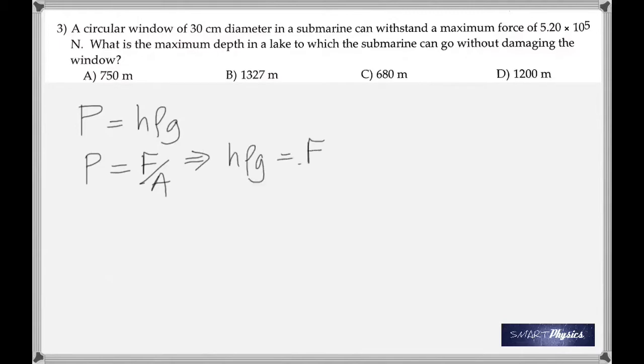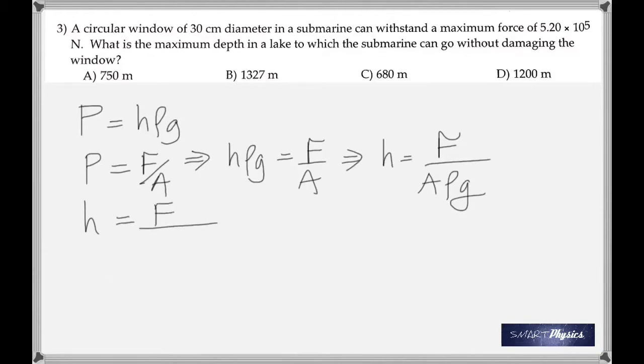H rho G is equal to F by A. Make H the subject. Force is given, and the area is pi r squared.